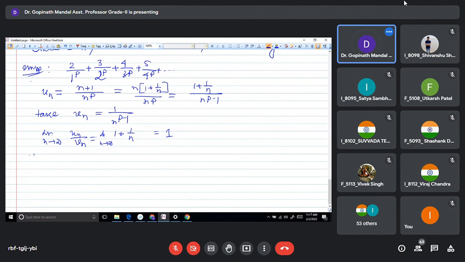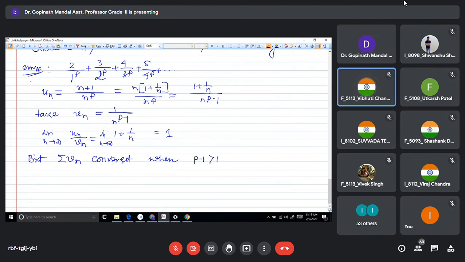Now here Vn converges when p minus 1 greater than 1, that is p greater than 2, and divergent when p minus 1 less than or equal to 1, that is p less than or equal to 2.